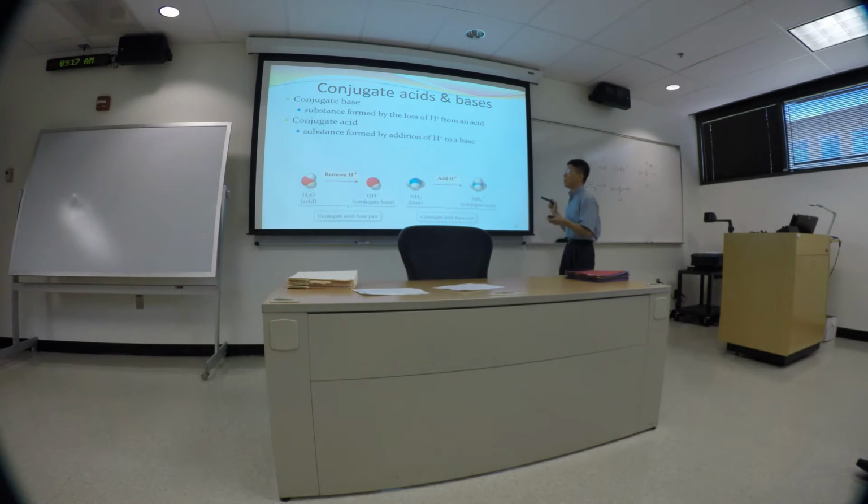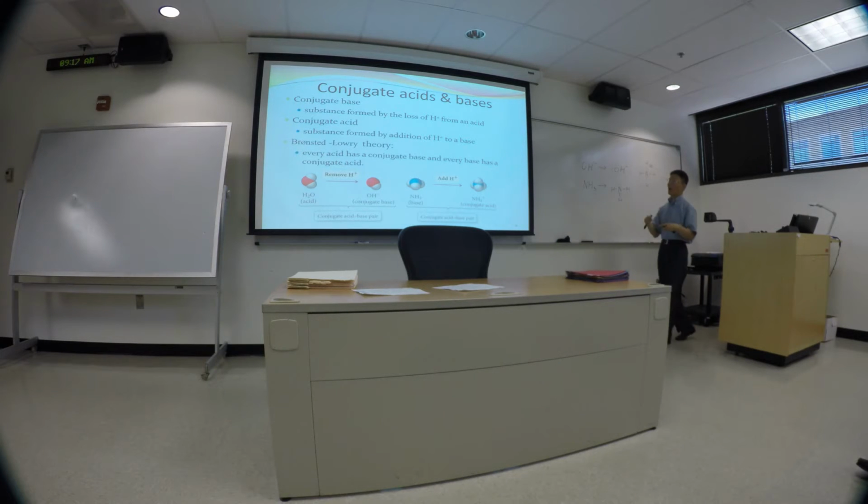Keep in mind, conjugate acids and bases come in pairs. After you give out the proton, whatever is left is the conjugate base. If you start with yourself and accept the proton, you end up with the conjugate acid. These things always come in pairs.